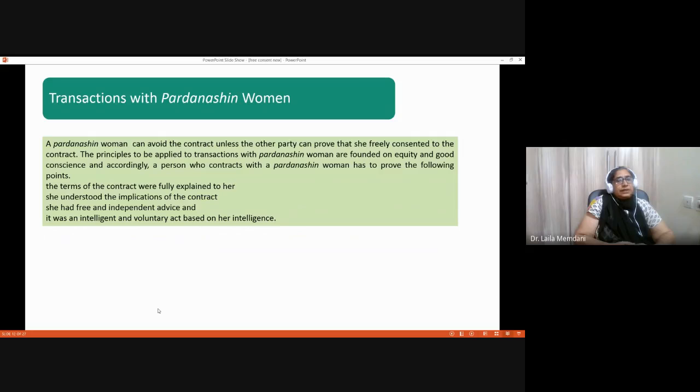She had free and independent advice on the contract, and it was an intelligent and voluntary act of her own based on her intelligence. So anybody entering into a contract with Pardanashin women must be careful on these points, so that in case they are required to prove these things, they are able to prove it. Otherwise, in future, the woman can refuse to abide by the contract because the contract is voidable.